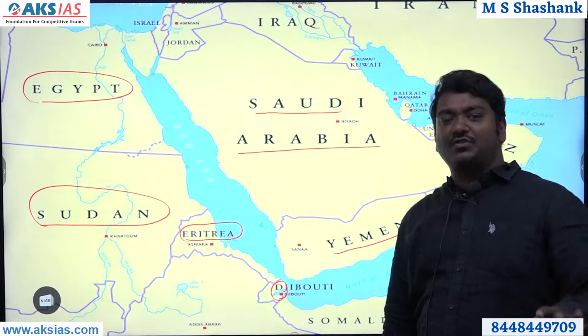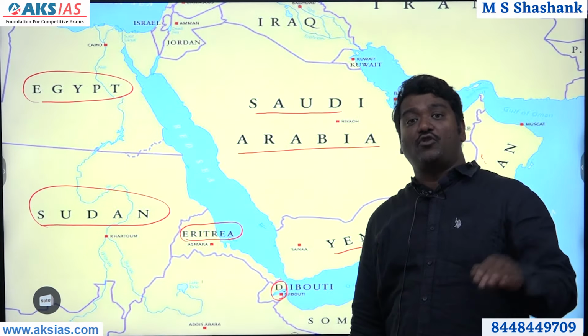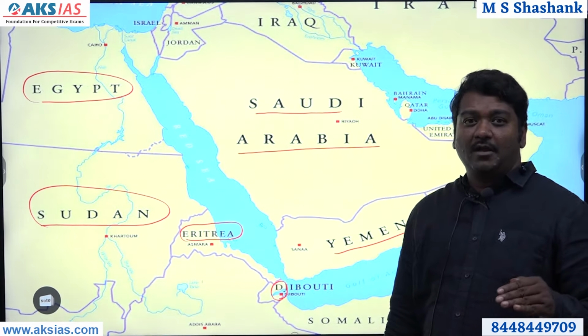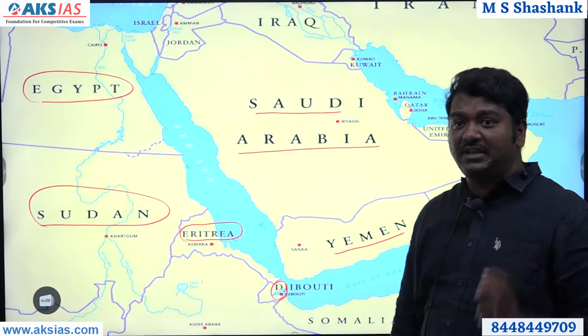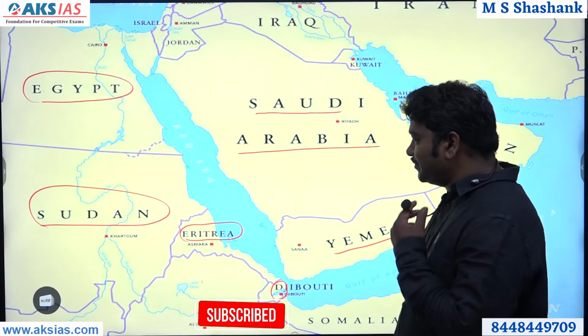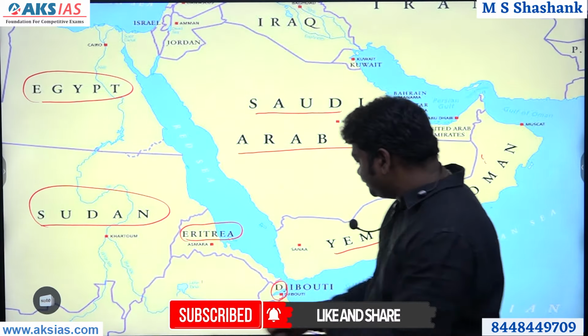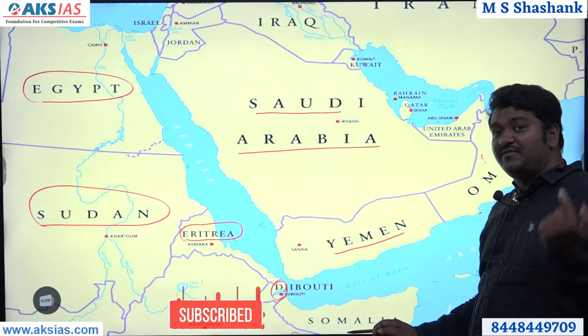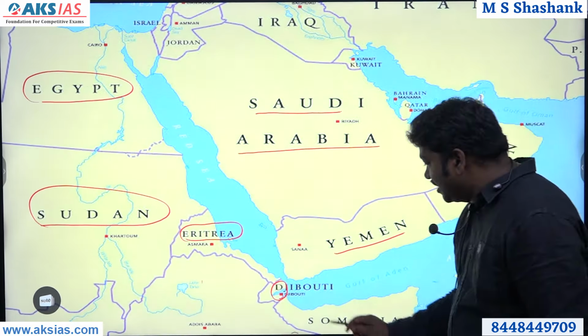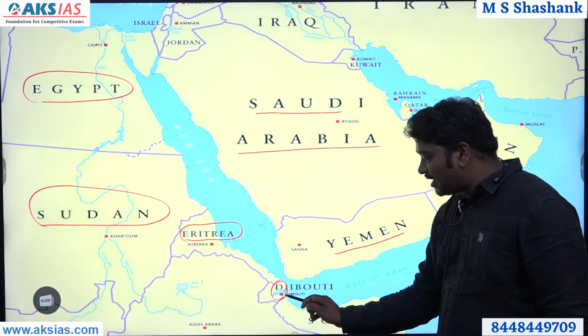Okay, most of the times what happens, we only focus on what is there. We should also focus on what is not there because that may help us in something else. For example, if you consider Somalia, in exam it will be confusing whether Somalia has or not. If you check here, Somalia comes out of this.